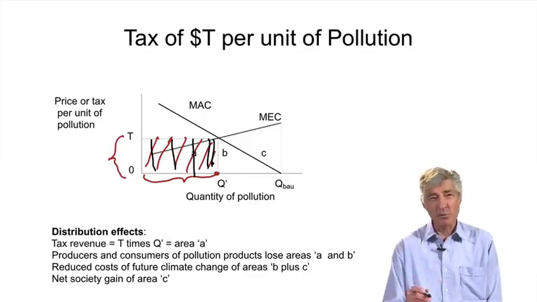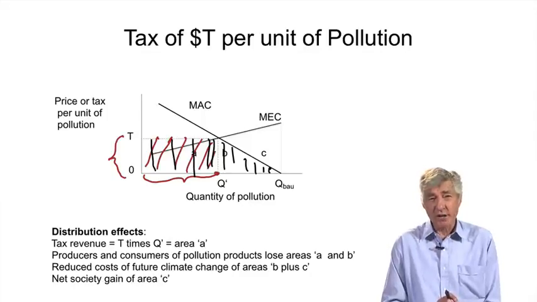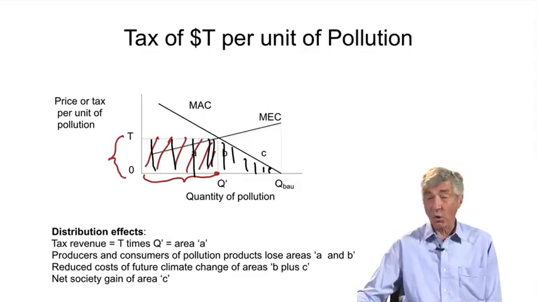They've had to do a little bit more walking rather than driving to work and recreation. Less polluting, but a little bit more expensive. So they also incur those amount of costs. So the buyers and the producers of polluting products lose the rectangle A plus that triangle B. So this looks all bad news, doesn't it?